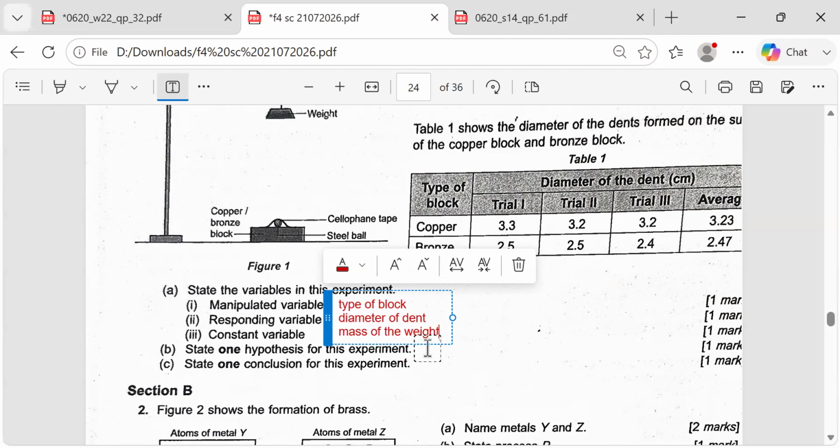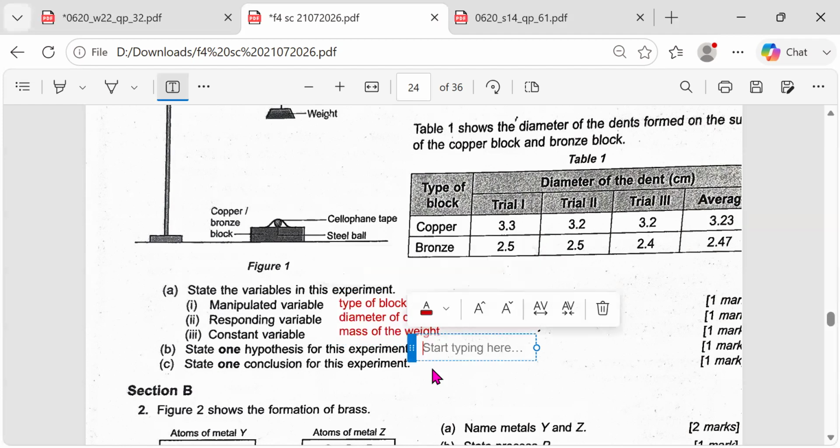Hypothesis: bronze is harder than copper. Conclusion: bronze is harder than copper, so your hypothesis is proven. You can write it twice, same thing.